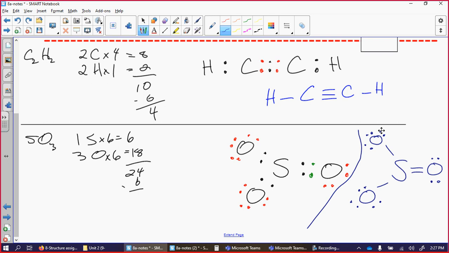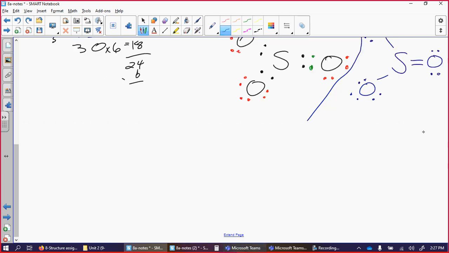Now, I picked taking a pair of electrons from here and moving them in there. Could I have taken a pair of electrons from here and moved that in instead? Or any of the other ones? Because you can pick whichever one you want, I could just as easily have had a double bond on this side.